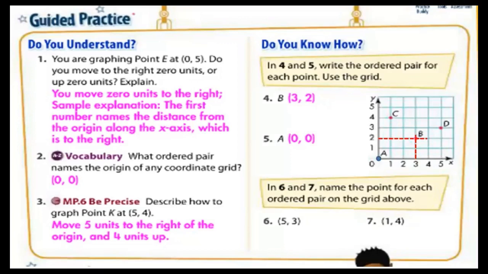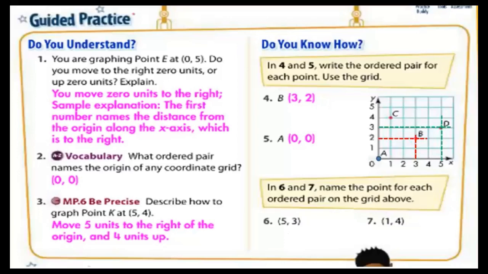So where is 5? The first one, number 6, 5 and 3. Where is 5 on X? This one. And where is 3 on Y? This one. So the intersection with my ruler will be like that. Look at this green line. This is 5, and this is 3.